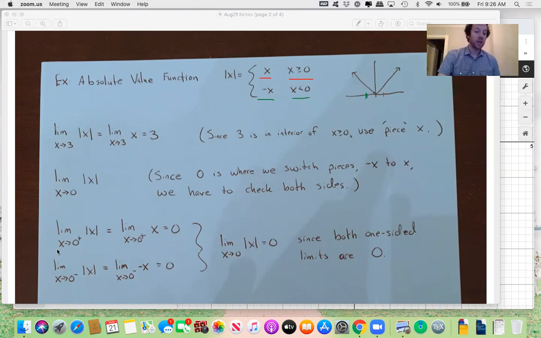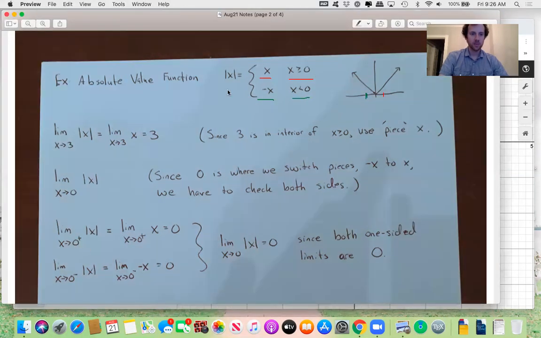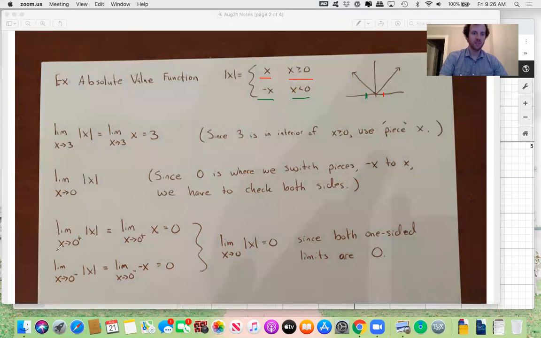So if we start from the right, the limit as x goes to 0 of the absolute value of x. Here is like this first case here. If you are to the right of 0, we are greater than or equal to 0, so we're using the x piece.